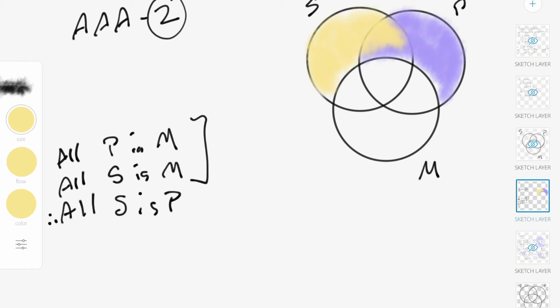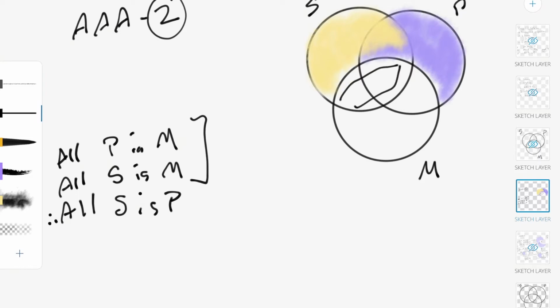And notice all the S's are going to live inside this little zone, this sort of eye-shaped zone, right? So we've done our diagramming properly. Even though there's some shading that overlaps in this overlapping region, it doesn't really matter because once it's shaded, it's just shaded, right?